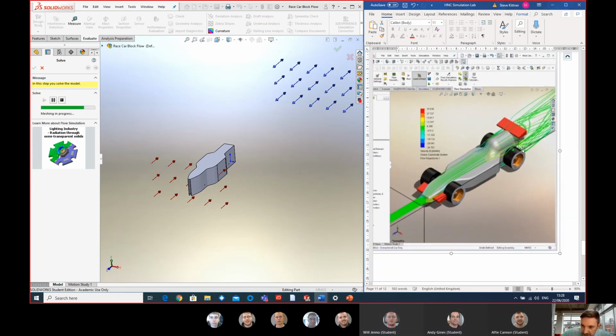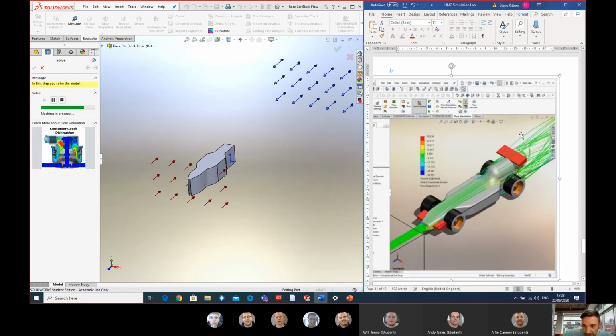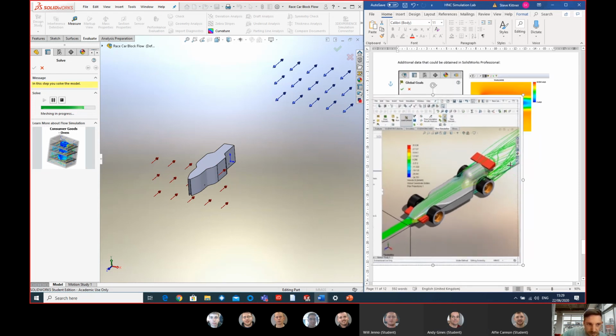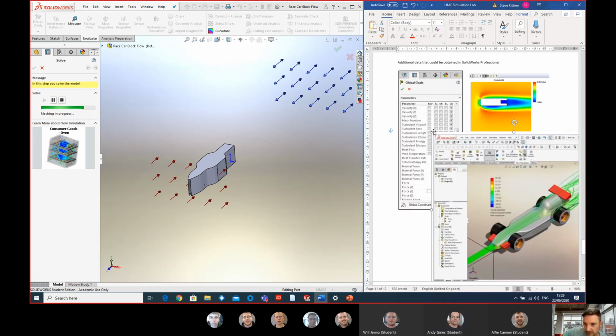You could see how the air is simulated to flow behind it. On this, it's shown a little bit, but when the flow streams are much smaller, obviously you can look at things in a lot more detail. Hopefully this one's nearly ready.